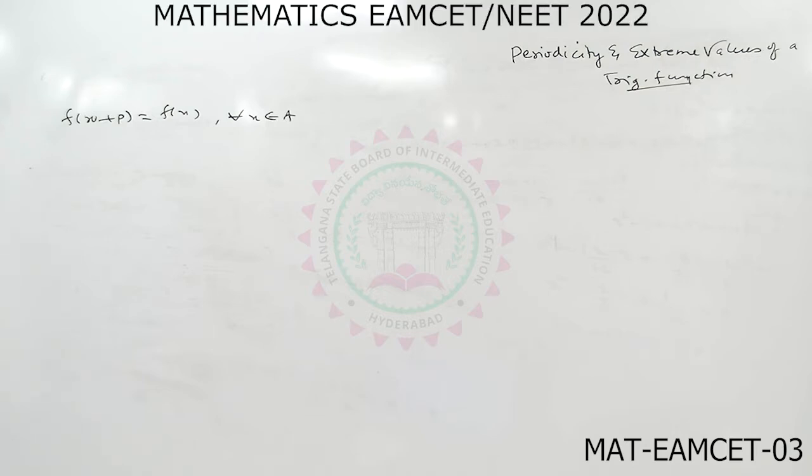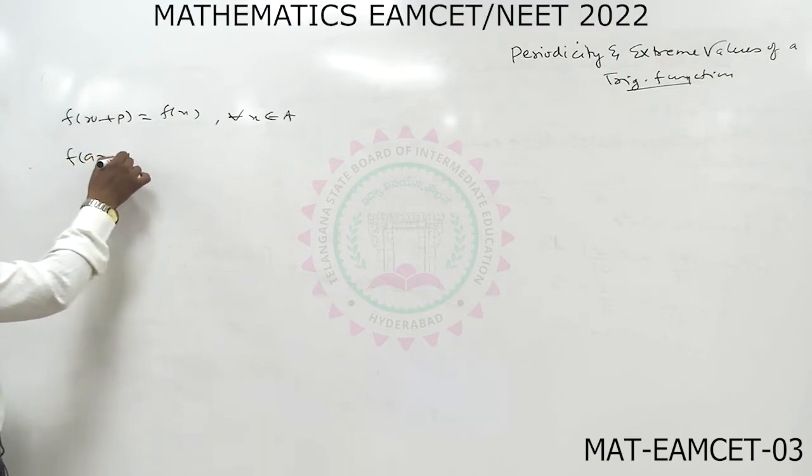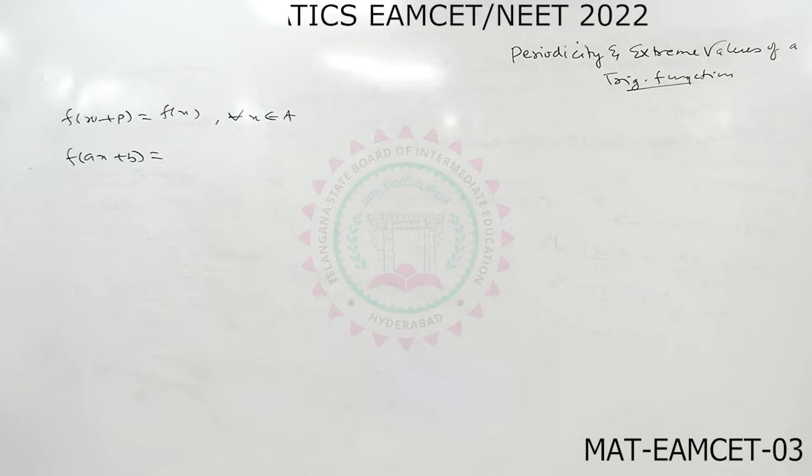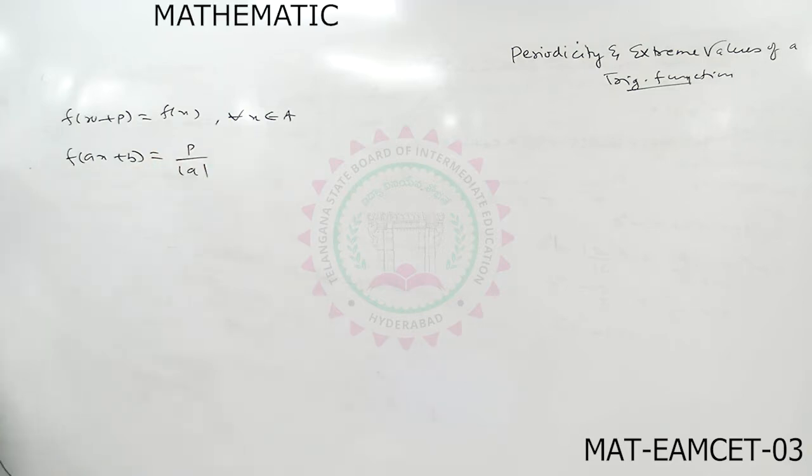In general, the period of f of ax plus b is equal to p by mod a.